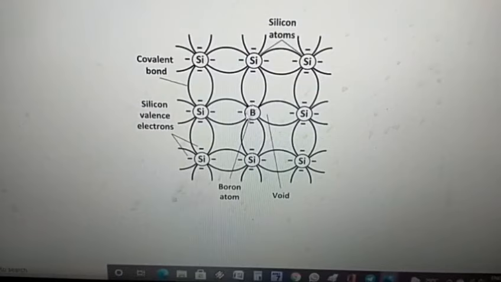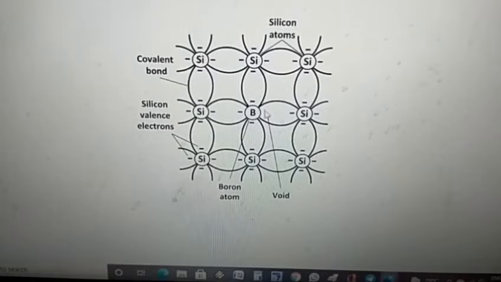So now see here, as boron has only 3 electrons, it can form only 3 bonds, but the 4th one will be empty. Yes or not? Here the 4th bond can't be formed. So then what happens? It creates an electron hole or electron vacancy, which we can also call a void.